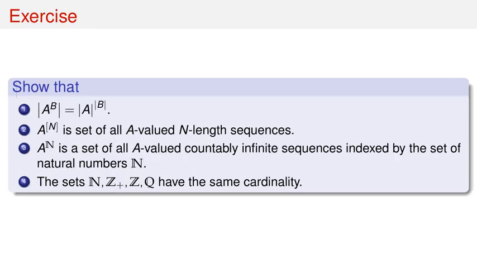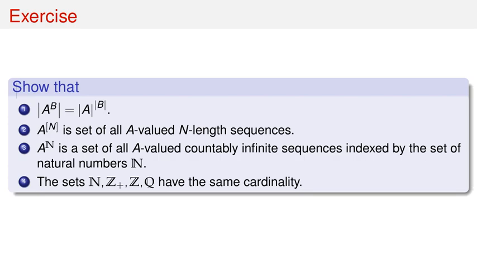Here's a quick exercise for you to think about. Show that, first, the cardinality of A^B, the set of all functions from B to A, is equal to the cardinality of A raised to the power of the cardinality of B. Second, A^{1,...,n} represents the set of all A-valued n-length sequences.